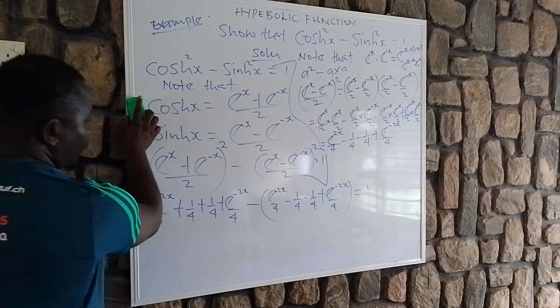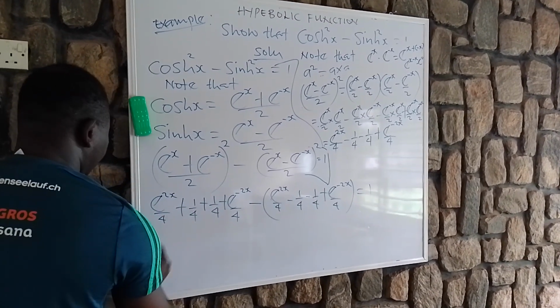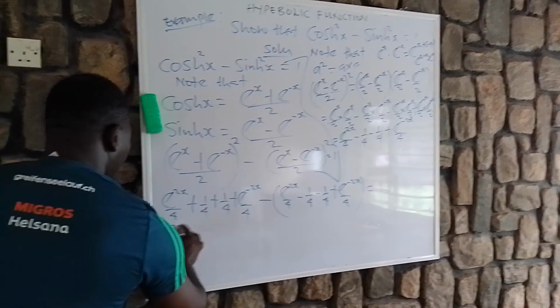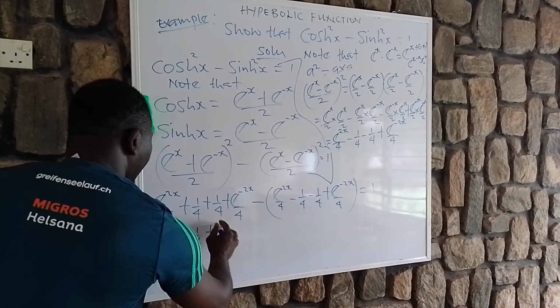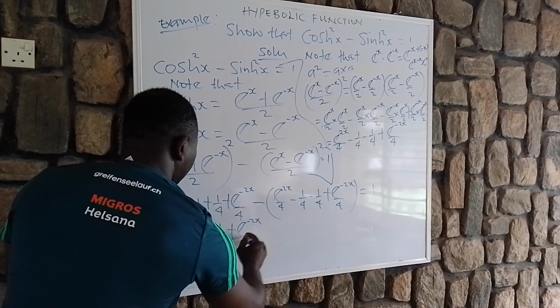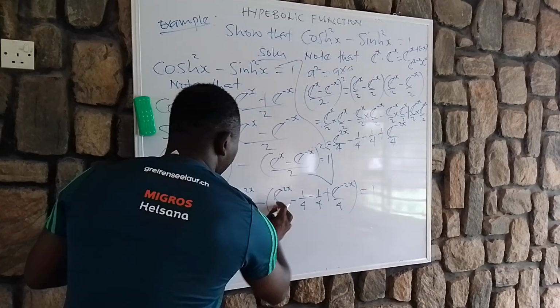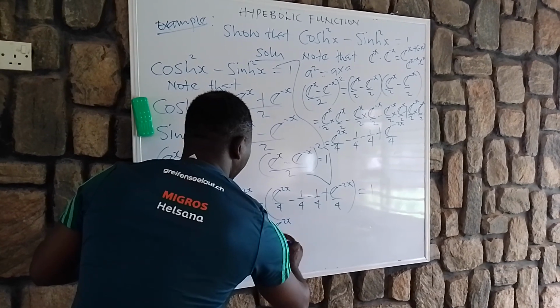Okay, so if you agree with me, we are going to multiply out this bracket. Let's write this equation down. Exponential 2x all over 4 plus 1 all over 4 plus 1 all over 4 plus exponential minus 2x all over 4. This one times this, minus exponential 2x all over 4.